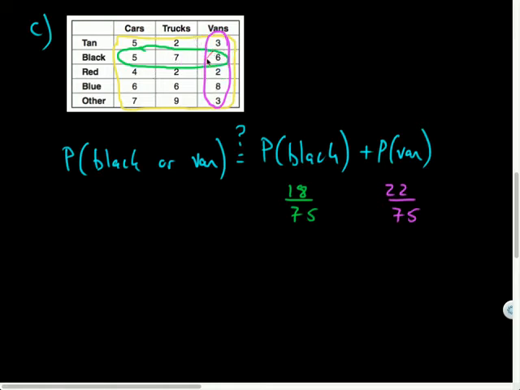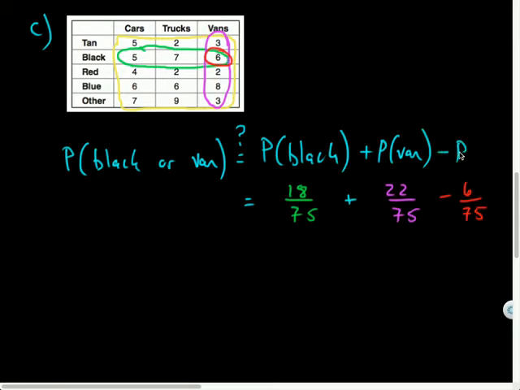There was a cross section that was both black and van. And if I just add the probability of black plus the probability of van, I ended up counting that twice, which I don't want to. So I'd actually have to subtract the overlap. So this is kind of what I would end up doing.